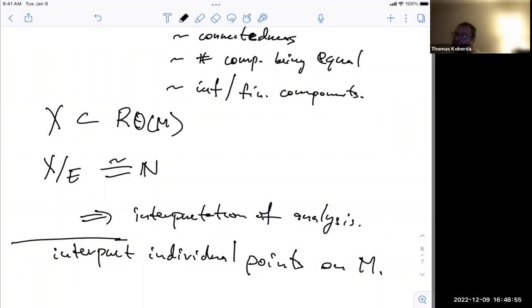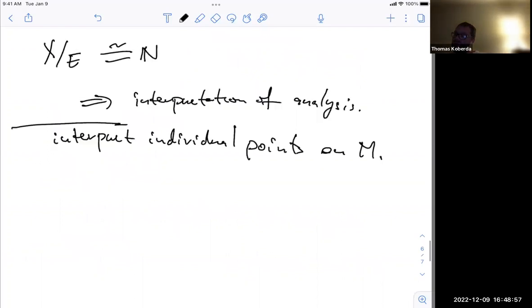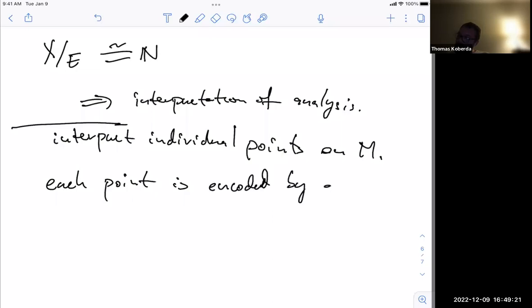So one can play a similar game. The way we ended up interpreting individual points is you interpret them by particular regular open sets, so each point is encoded by a particular open set.